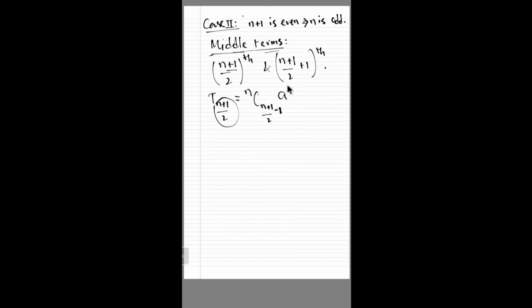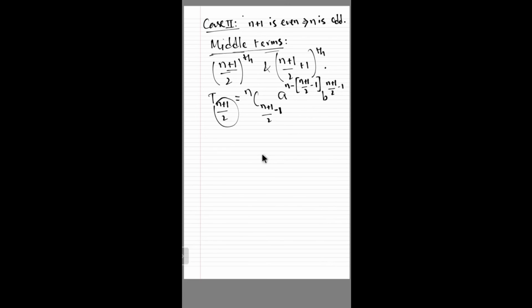So it should be a to the power n minus r, that means n minus ((n+1)/2 - 1), and then b to the power (n+1)/2 minus 1.